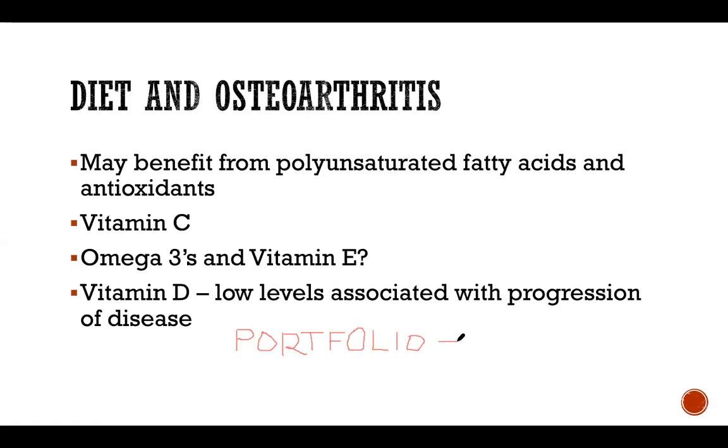This portfolio diet is a vegetarian-based diet, and it emphasizes a portfolio of cholesterol-lowering foods. Some of these include nuts, fiber, soy protein, plant sterols, and high omega-3s. So you could see why a diet like this one might reduce overall inflammation and potentially aid in treatment for arthritis.